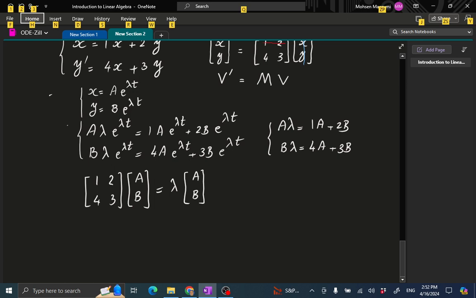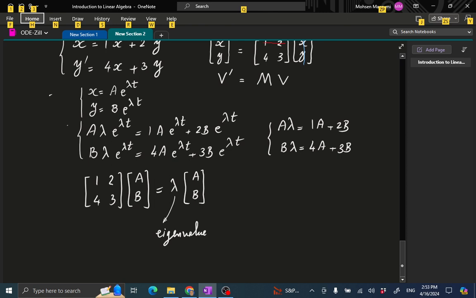The ingredients of these equations are so important, and they show up in so many places, that each piece has a name. This number lambda, which turns out to be the number that solves our system, is called the eigenvalue.